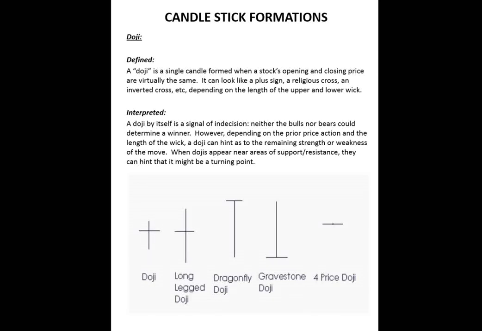At the end of the day, if the candle body is large and it's a bullish candle body, you could say the bulls won that day because there was more buying pressure. If you had a large candle body that was red, meaning it went down, then you could say the bears won because there was a lot more selling pressure. But when you have a doji, what that really says is the bears and the bulls canceled each other out. It's pretty much a draw.